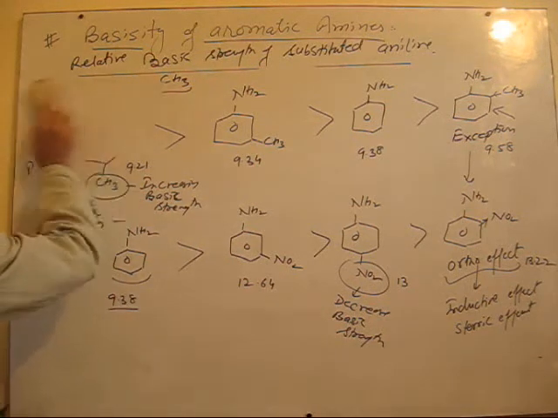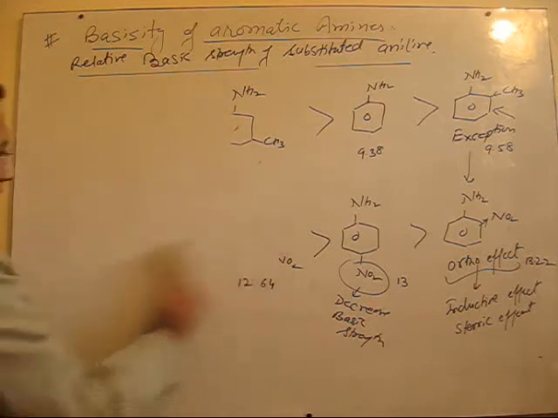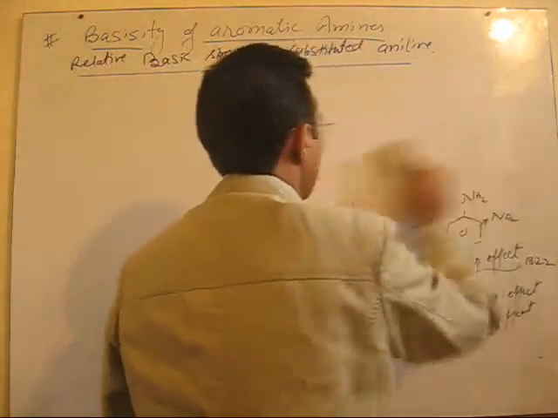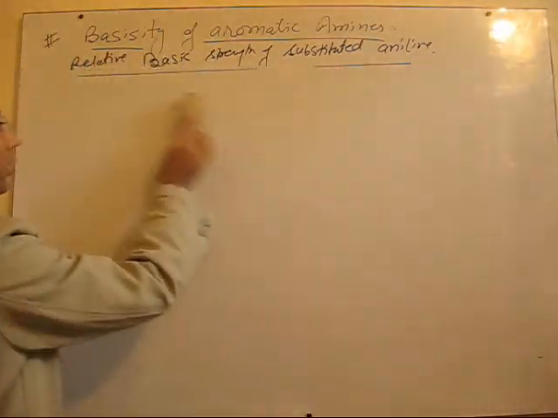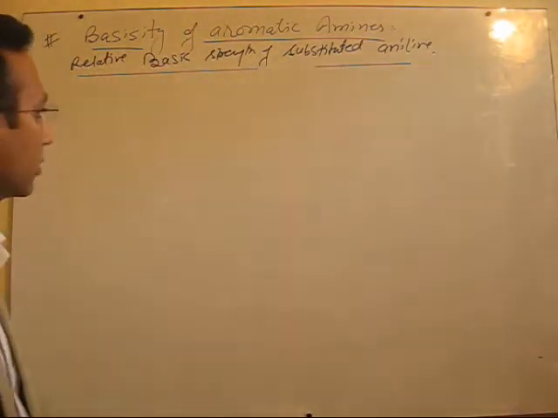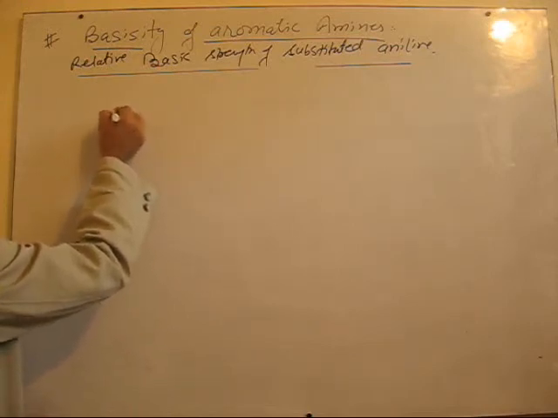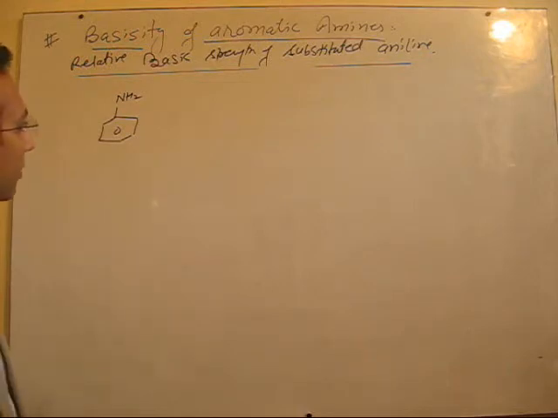Now further, let us have more comparison of the substituents but present on nitrogen, not in the ring, right? So this is very interesting. Just now we have discussed the presence of substituents in the ring, and they are going to affect the basic strength.